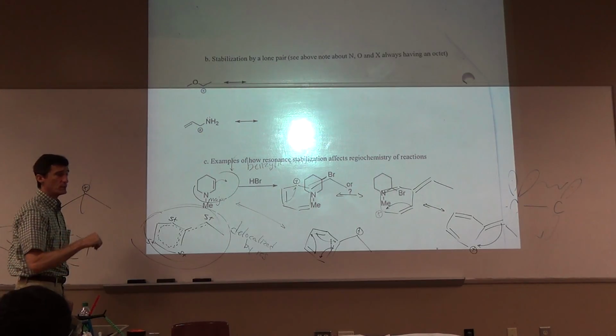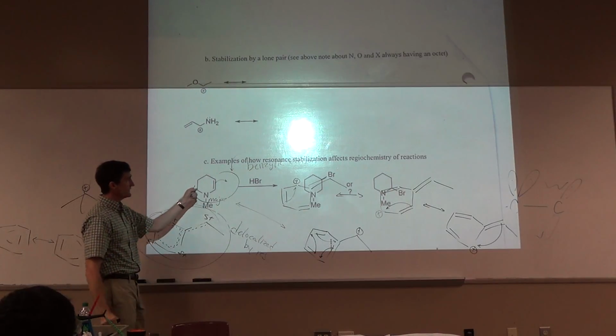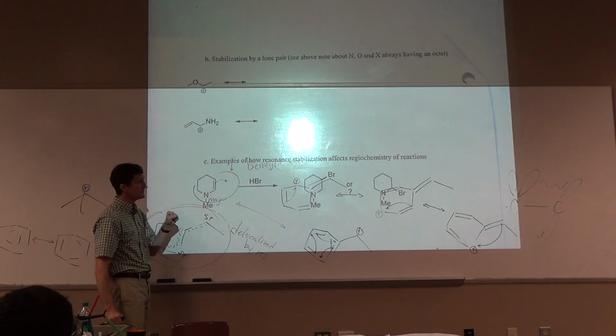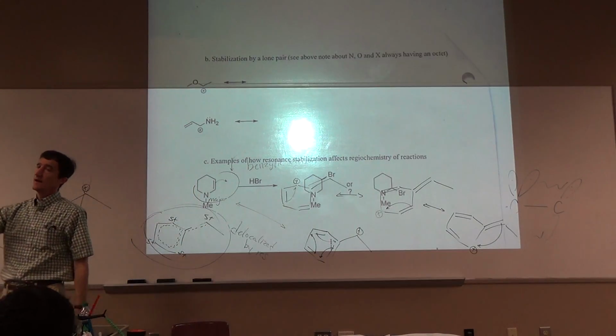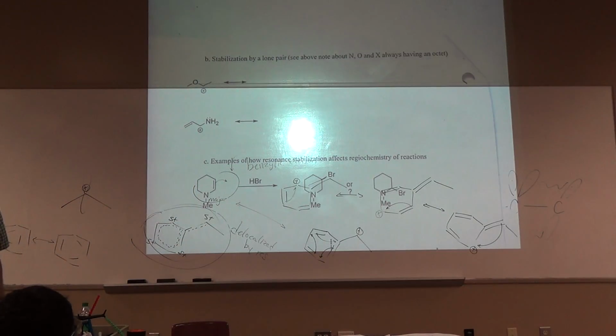I'll move through it quickly on Wednesday. We also have examples of how resonance can affect reaction outcomes. Please attempt this. Realizing that if you have a carbocation intermediate, a resonance stabilized cation is going to be better than a non-resonance stabilized cation. Resonance is very powerful in stabilizing carbocations.